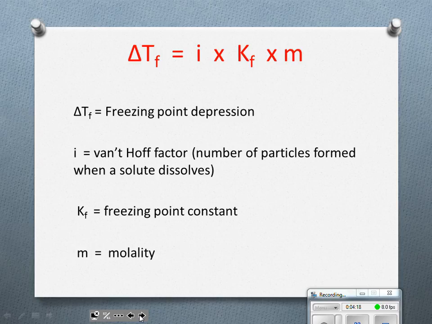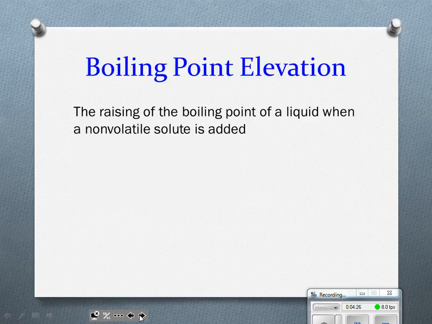Now, when we talk about freezing point depression, how is that different from boiling point elevation? Well, they're very similar equations, okay? As you can see, we've substituted the sub F with sub b.